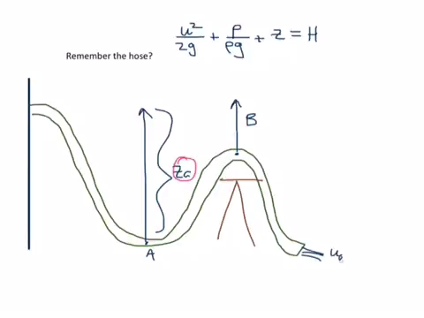So at the top of the sprinkler, right here, we have a u of 0. Then we also have a pressure of 0, because remember we're dealing with gauge pressure and we're at atmospheric pressure at the top of this sprinkler. And then we do have an elevation head, which is equal to z_A. This is the thing that we're trying to solve for. Now we could say that this is equal to the total head at point A, and in turn the total head at point A is equal to the total head at the outlet.